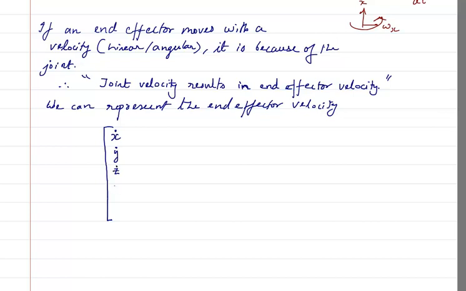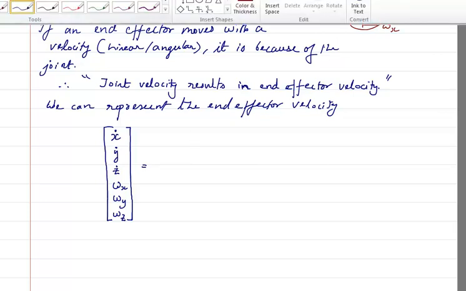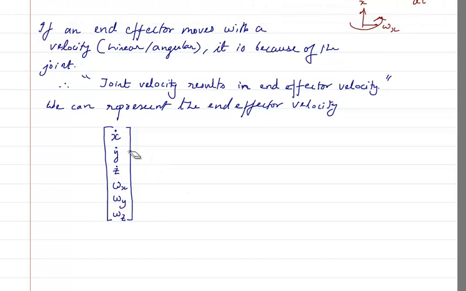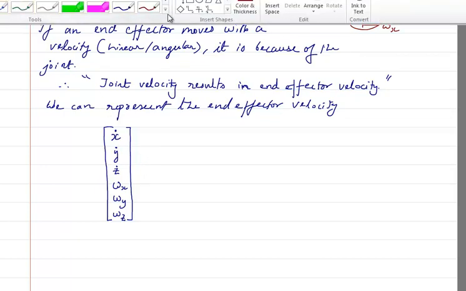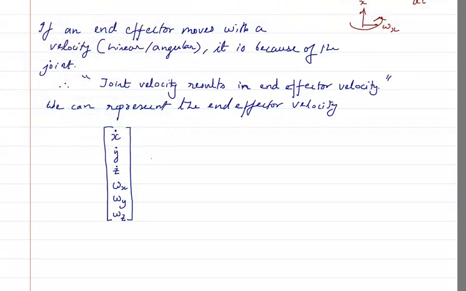Similarly, it may or may not have angular velocity, which is omega x, omega y, omega z, and that is related to, I will first say, proportional to the joint velocity.